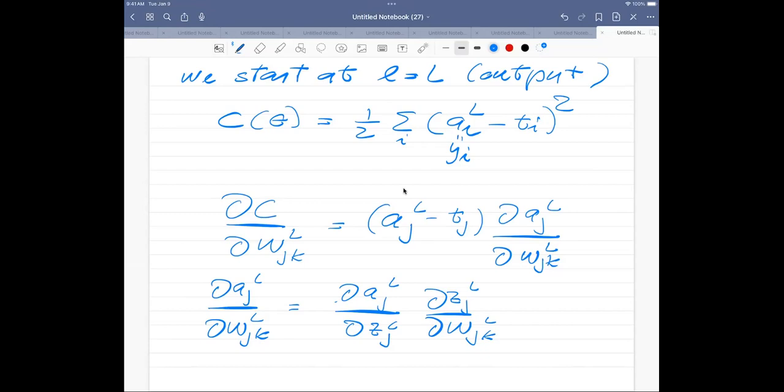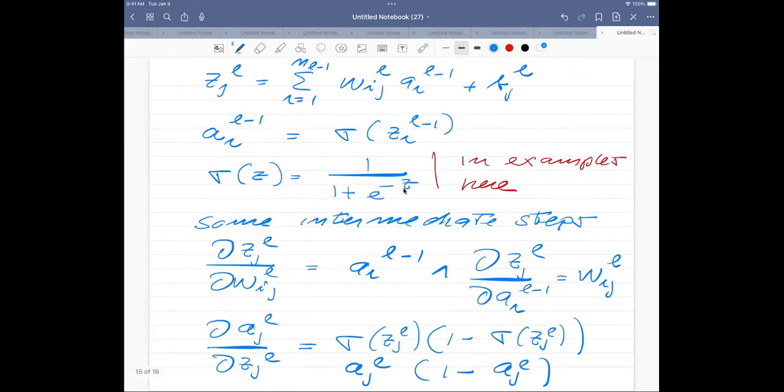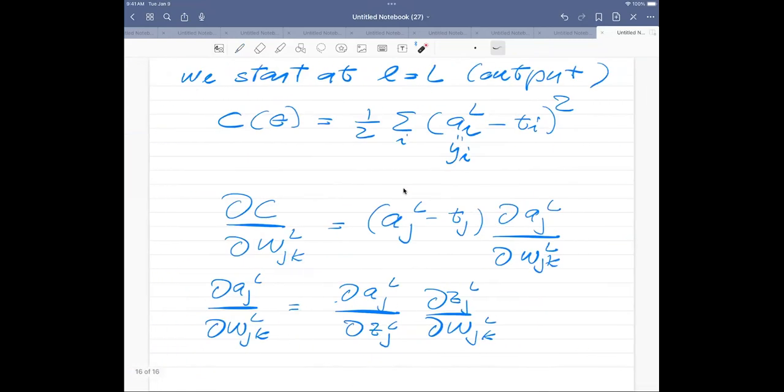So these expressions here are those expressions which we put up just on the slide before. So we have the two expressions we need. We have this one, and we have this one. So we can just plug them back.